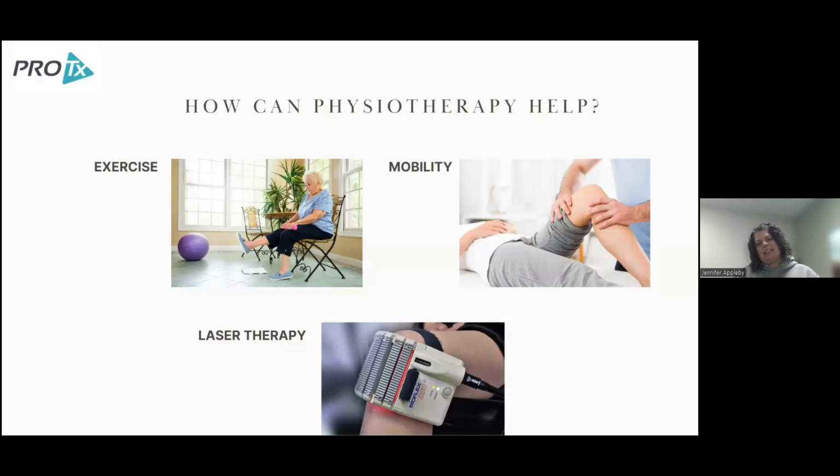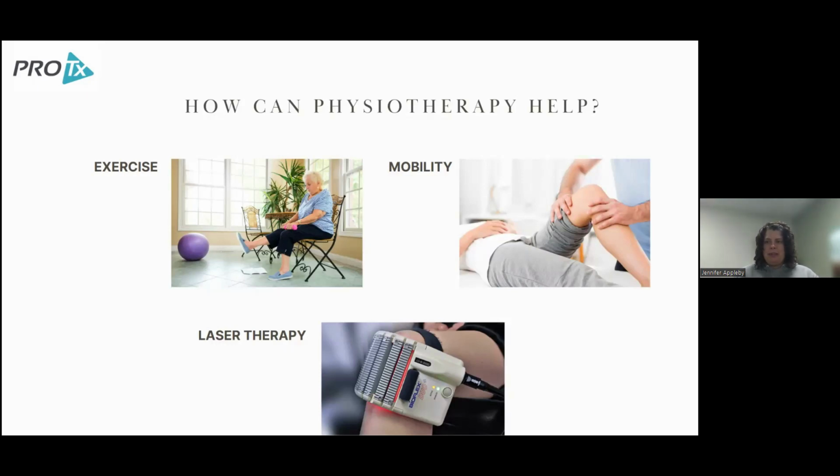So it's getting specific, low impact strengthening exercises to the muscles that support the knee and the hip, and that's what's going to help you in the long run be able to do those more functional activities such as stairs. Then there's mobility, so that's with your physiotherapist, mobilizing the joint, mobilizing the tissue, getting smoother movement and healthier tissue to decrease pain, swelling, etc.